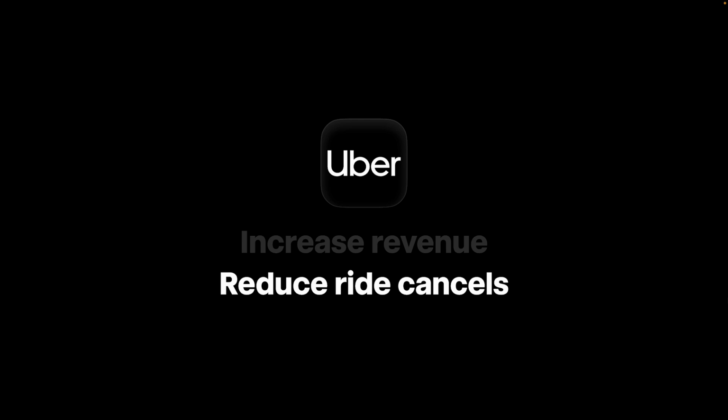This is not about making more bookings. Yes, they can do things to increase bookings, but they also see a very high number of ride cancels, and so they want to reduce that number. In the Airbnb example, we looked at increasing bookings. Here in Uber, we're looking at the opposite of that.